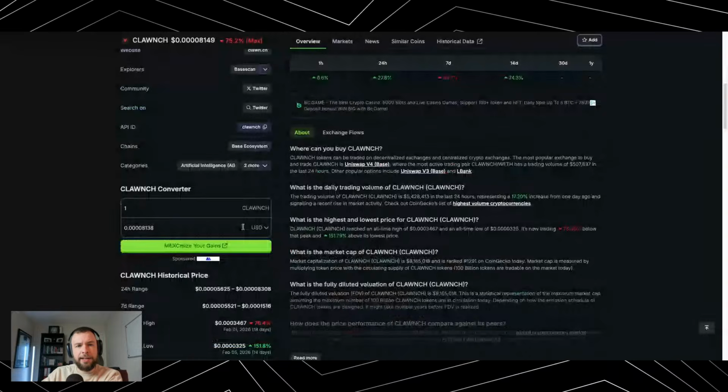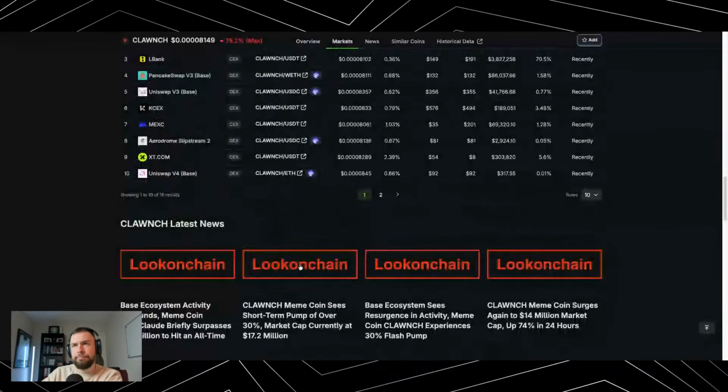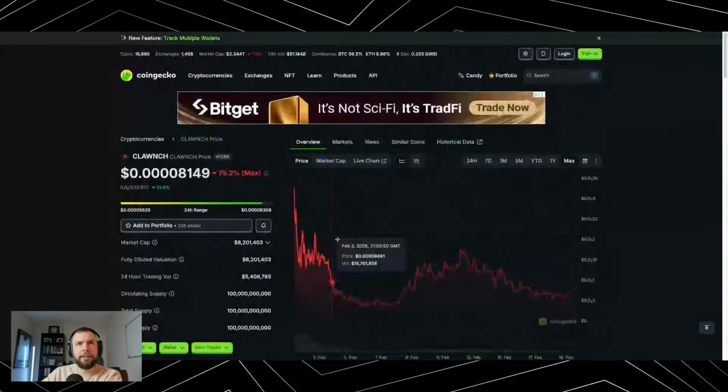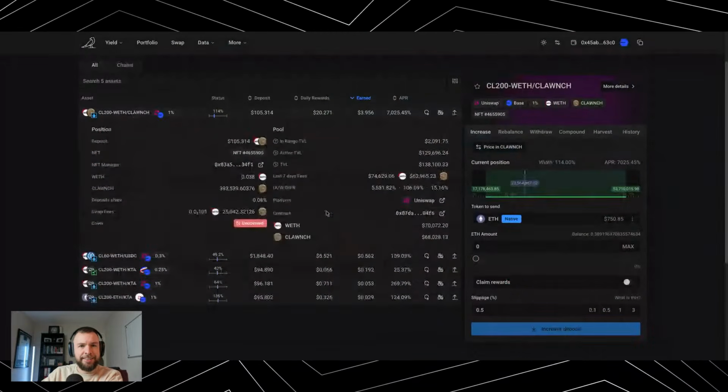On Base, it's an AI coin. And if we go back to this, this is what I'm going to test. So there's 138,000 total value locked, 2,000 in range.